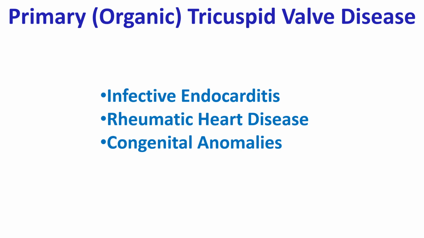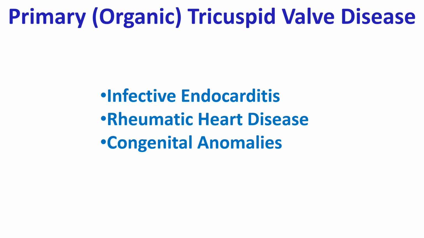Infective endocarditis, a classic primary etiology, is frequently seen in the context of intravenous drug use or increasingly associated with cardiac implantable electronic devices like pacemakers or ICD leads. Leads can cause direct physical perforation, laceration, or mechanical restriction and fibrosis of the leaflets.